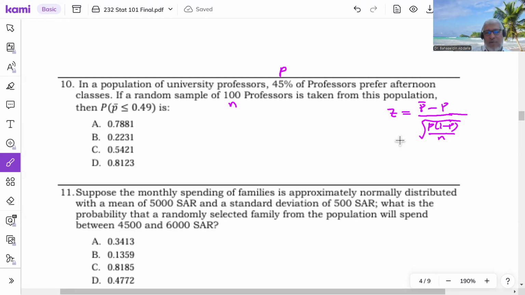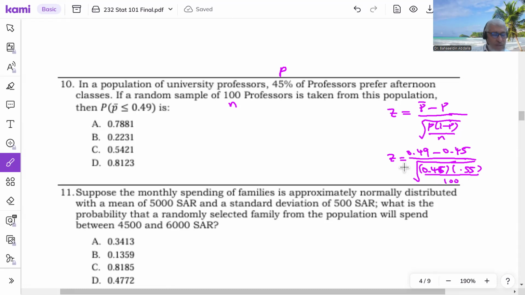So Z for 0.49 would be 0.49 minus P, which is 0.45, over the square root of 0.45 times 1 minus 0.45, which is 0.55, over n, which is 100.